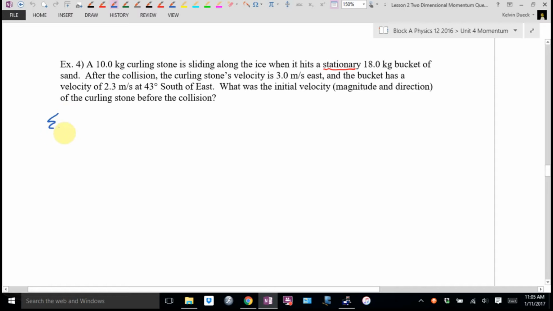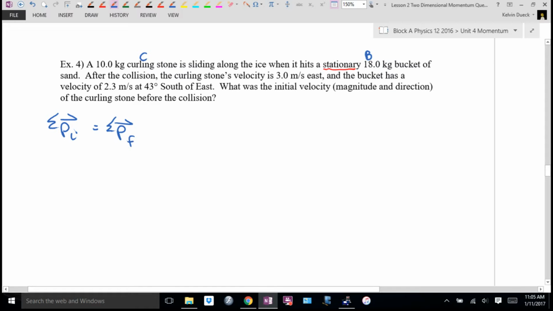So I'll still start out by saying the sum of all the initial momentum equals the sum of all the final momentum. I'm going to use, how about a C for the curling stone, and a B for the bucket.